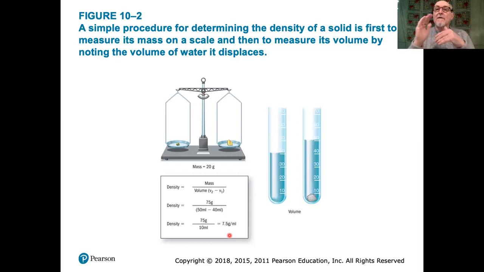Density is a measure of the amount of mass in a set volume. And the set volume is related to 1 cc of water, 1 milliliter of water at 4 degrees Celsius. 7.5 grams per milliliter, that is the substance's density.